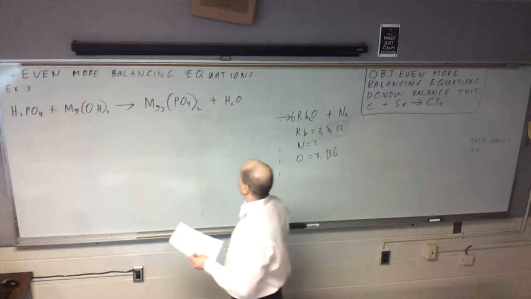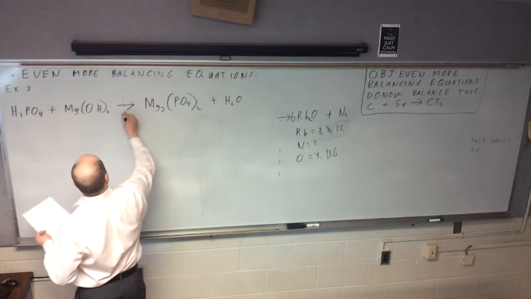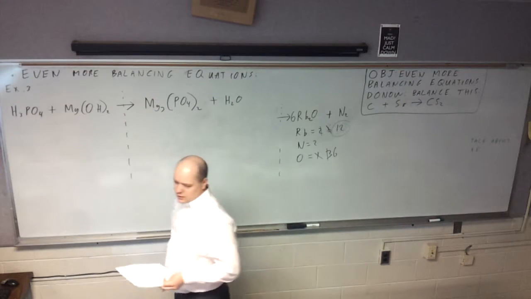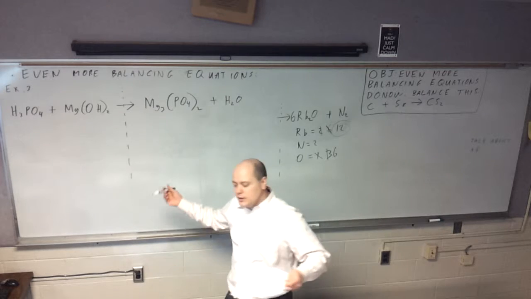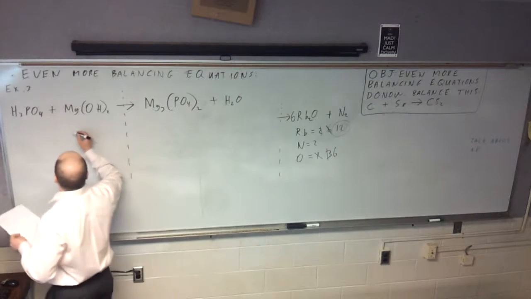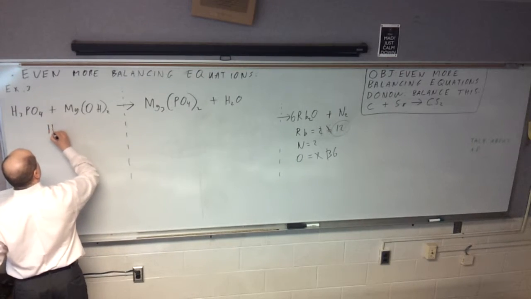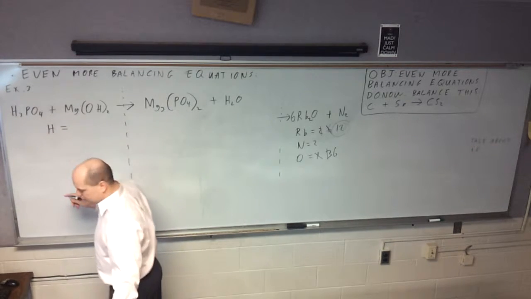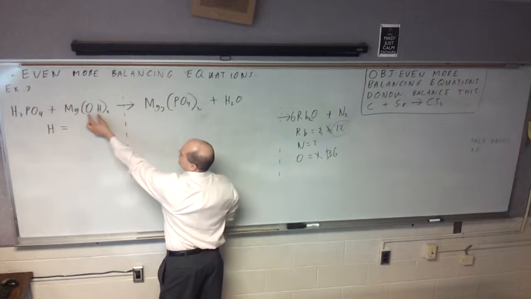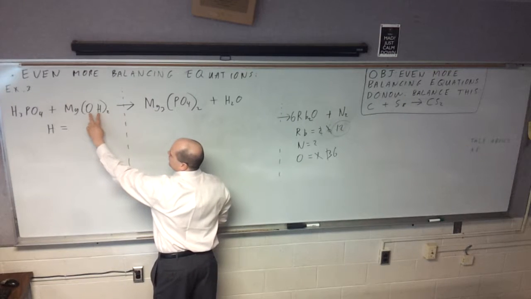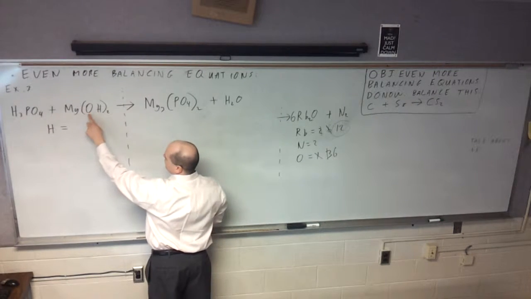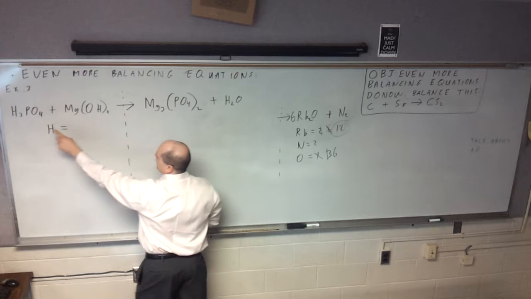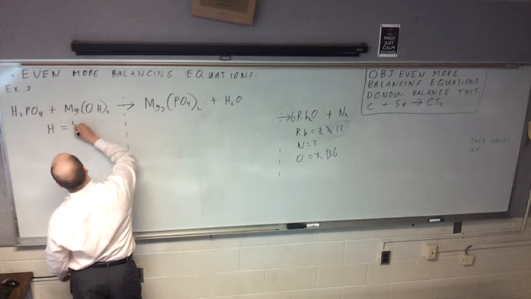All right, so this is a lot of stuff. Again, you get a problem like this, it looks like a lot, just make your list and deal with all this stuff later. First we're going to do hydrogen. 3 there. And then over here, look, we have 2 hydroxides. So the 2 applies to anything inside the parentheses. So there's two hydrogen in here, plus those 3, so that's 5.